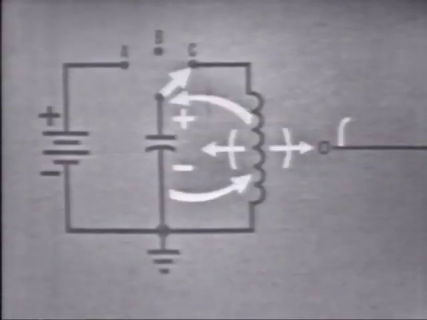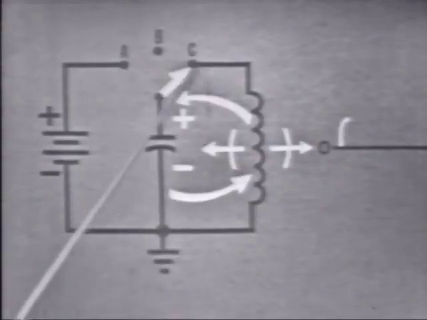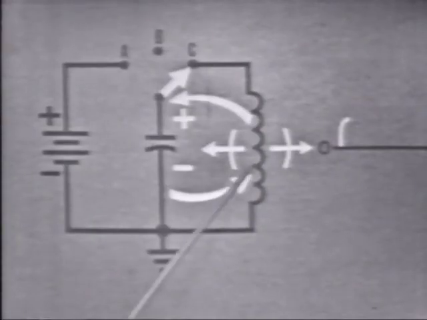When the switch is moved to C, the capacitor will start to discharge through the coil, causing current to flow in this direction. Now, as you know, when current flows through a coil, the field about the coil expands as current increases. So as long as current increases, the field continues to expand.